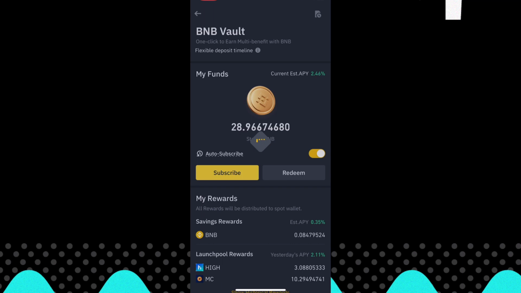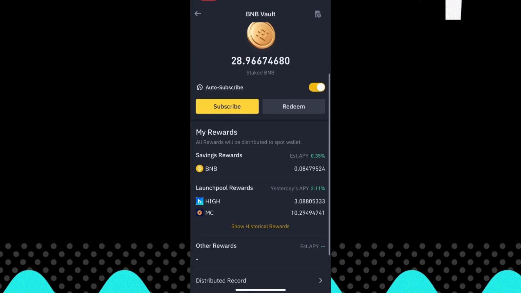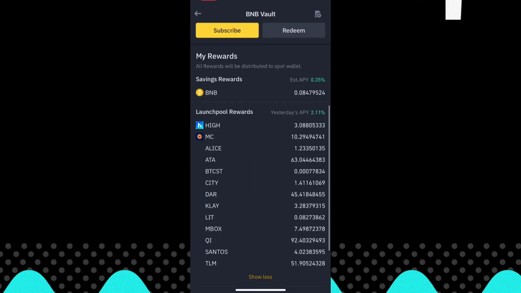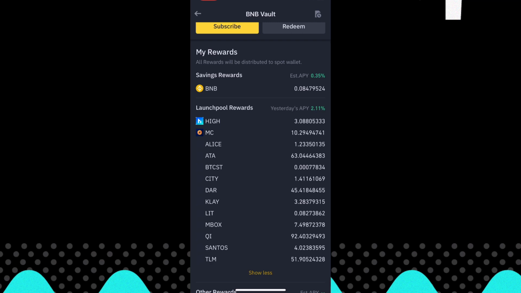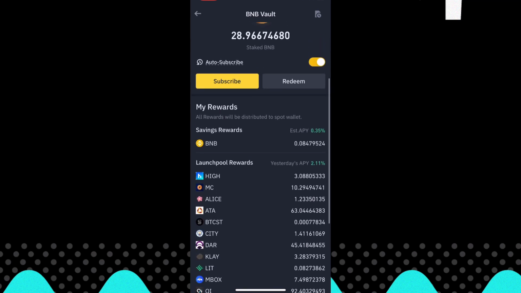So the more BNB you stake right here, the more you get to be able to get whenever Binance is listing any new project. So the most important thing about this is that you are better than a lot of people who are into DeFi. Okay, when it comes to staking on DeFi and all of that, because you can be able to make closer to $500 per year depending on the amount of BNB you have.